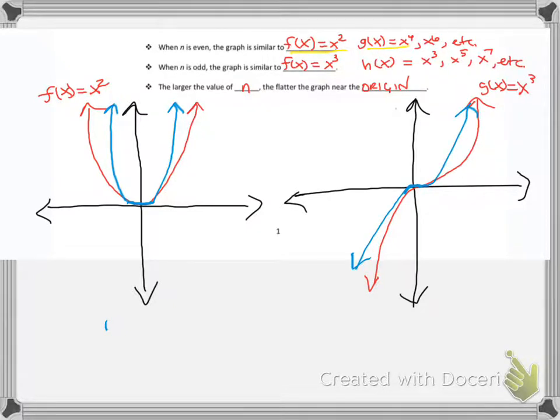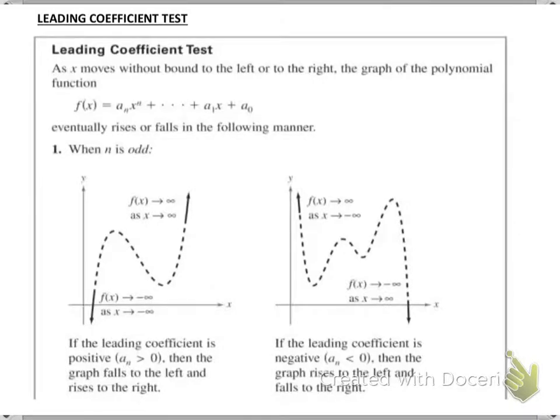So this could be a possible graph for h of x equals x to the fifth, and this could be v of x equals x to the fourth. Okay, so it takes on the same shape. These are just monomials. When we get into graphing other polynomial functions, you'll see in a minute. Okay, all right, let's move on. I just wanted to talk about that.